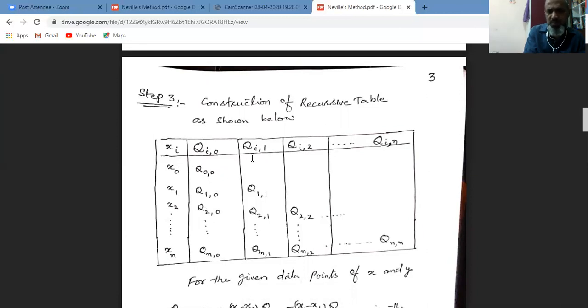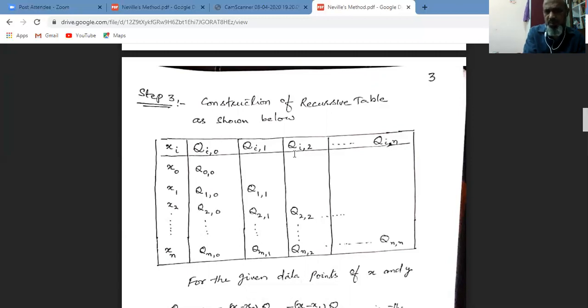So this is the first approximation. So in the first approximation, the values are q1,1, q2,1, q3,1, up to qn,1. So these values we have to calculate. We have to approximate the polynomial. This is called the first approximation.